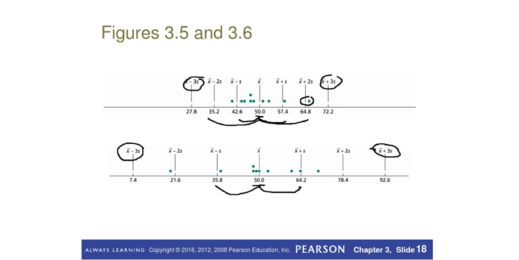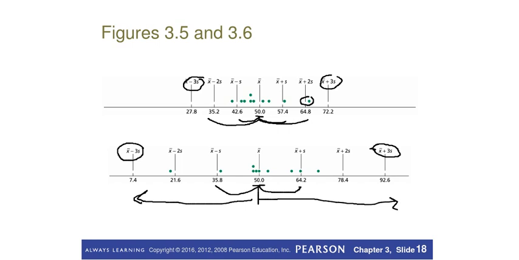That means if I took my standard deviation and added it to my mean 3 times to the right, or subtracted it 3 times to the left, I'm going to get that difference right there. So almost all of my data should fall in.